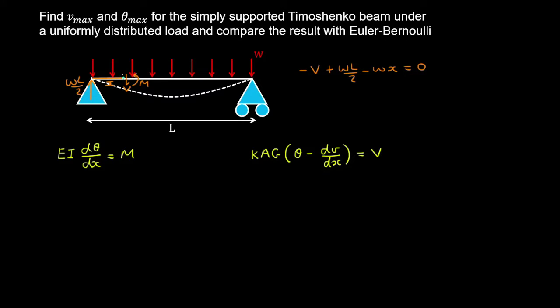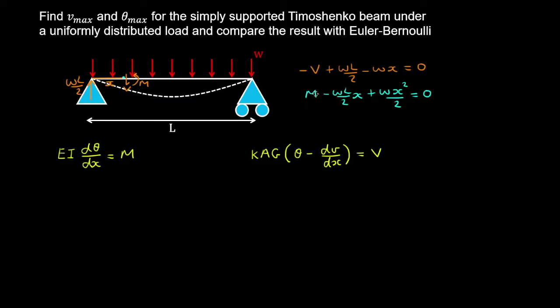And taking a sum of moments about this point, we have positive M being anti-clockwise, minus WL on 2 by the lever arm, which is clockwise, then plus WX by the lever arm X on 2. And that's all equal to 0.